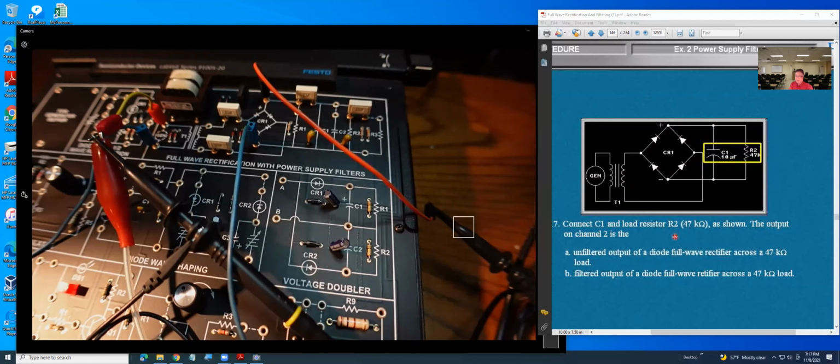So now basically they connect to C1 and also connect to R2. You can see right here the connection to C1, and also they connect to R2 right here.